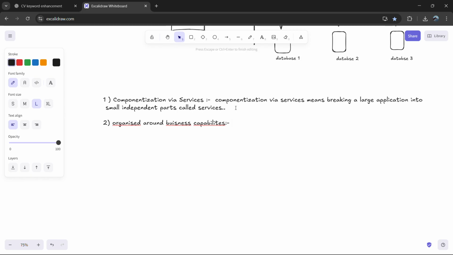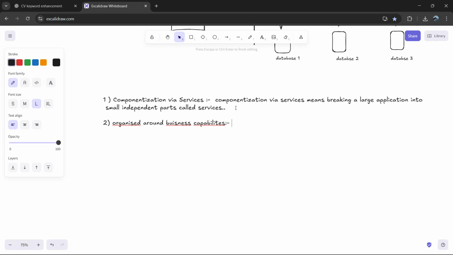For example, in a bank, the important business capabilities are account management, fund transfer, loan processing, and customer support. These are the main branches used in a bank.